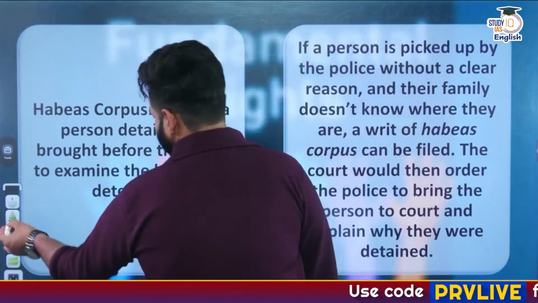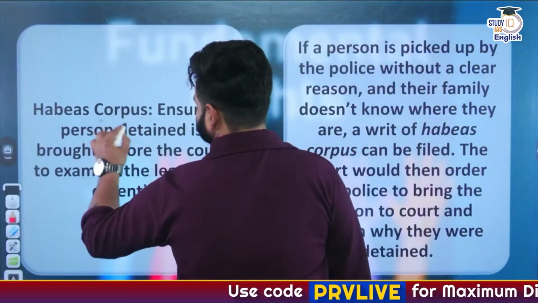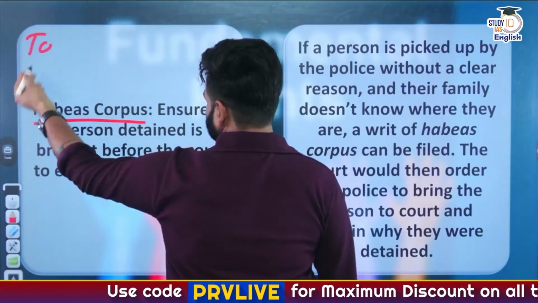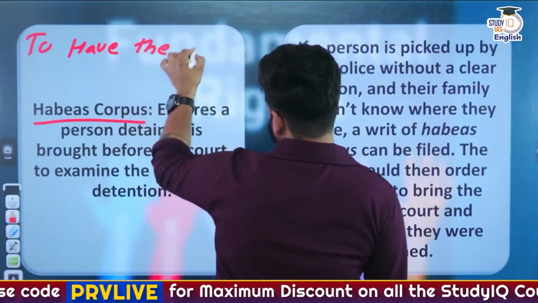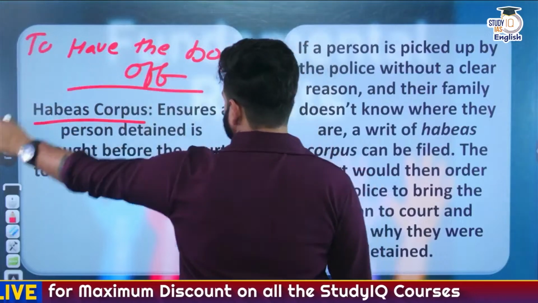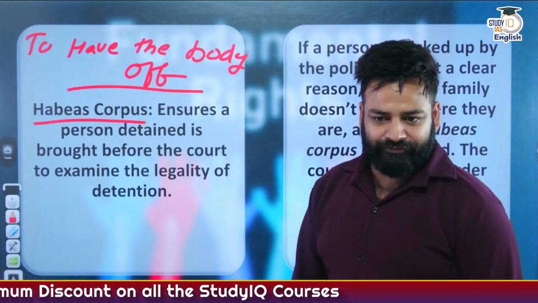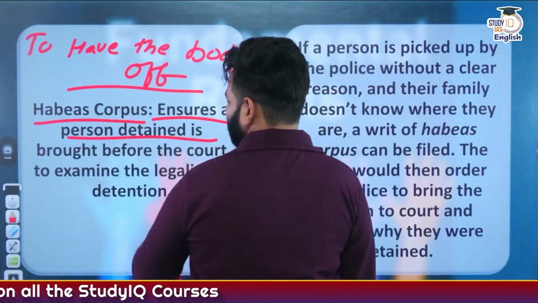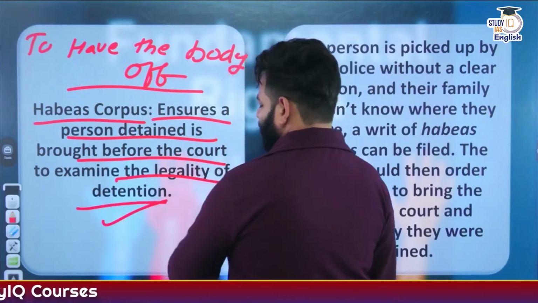In literal terms, habeas corpus means, in English, to have the body of. It ensures that if a person is detained, they are brought before the court to examine the legality of the detention.